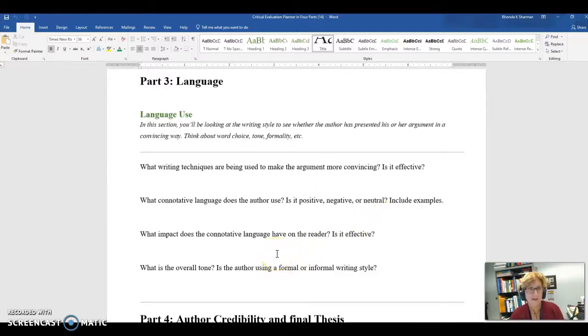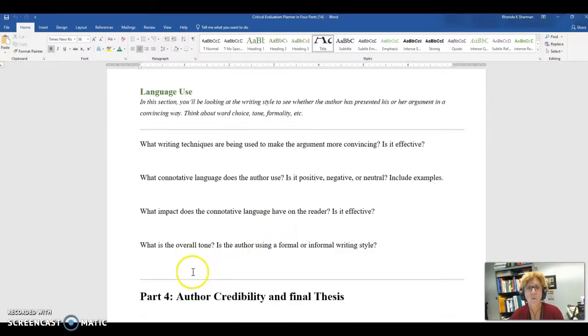You also want to ask, what was the impact of this connotative language? If the author uses language that has a very positive or negative associated meaning, how did that impact the reader's acceptance of the author's ideas? And then finally, what is the tone of the article?